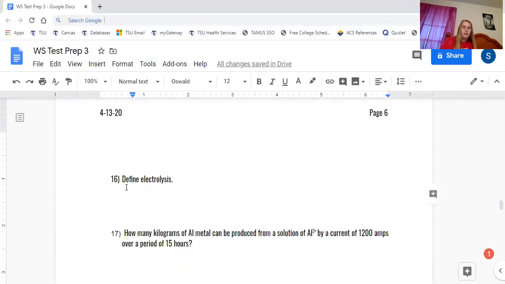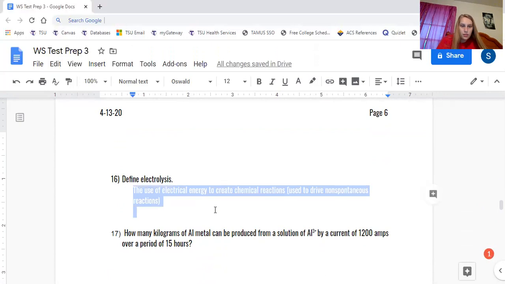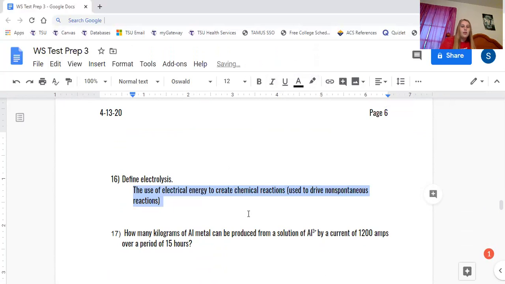Electrolysis. I already have this in here for you. It is the use of electrical energy to create chemical reactions, used to drive non-spontaneous reactions.